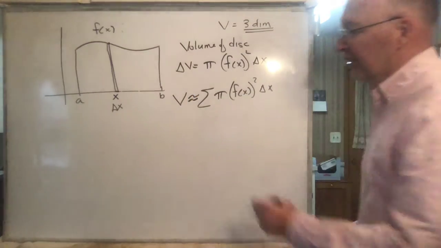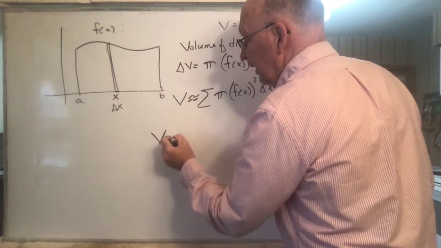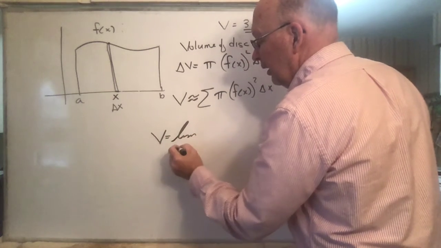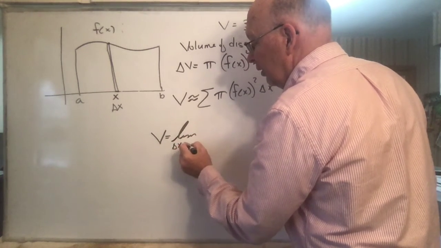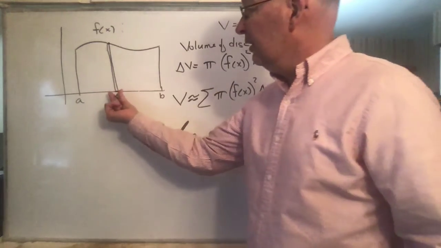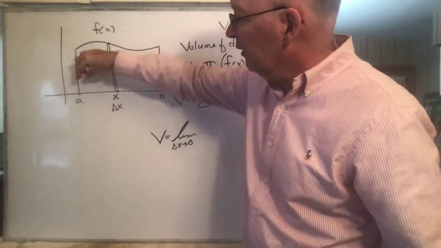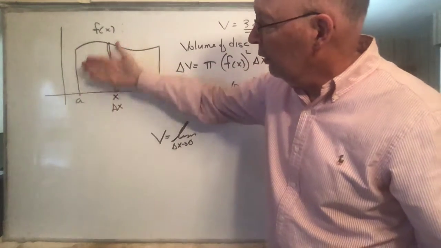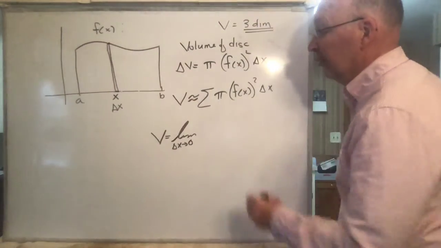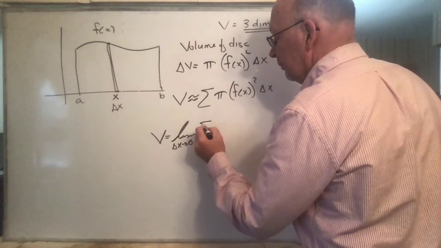But then you're going to get the true volume by taking, as before, the limit as those little delta x's get smaller and smaller. As you get thinner and thinner, you're going to get something closer to the true volume. So that's going to be the limit of this thing.